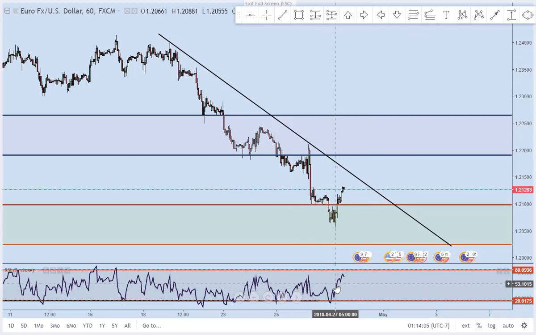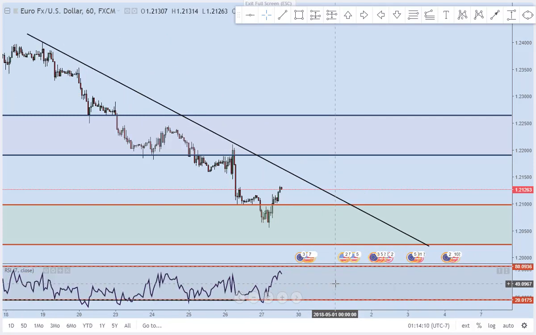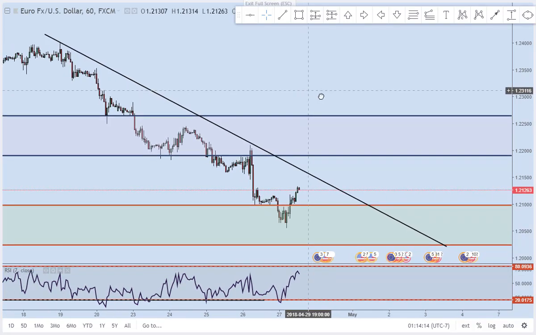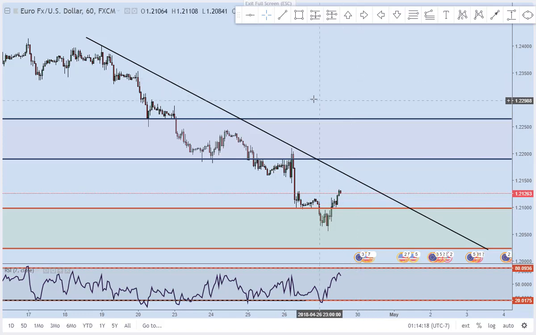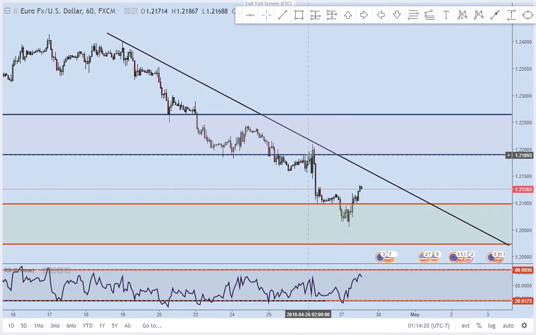I wouldn't want to buy where price action is overbought, because this shows a bit of exhaustion from buyers, and I want to get active where buyers will be most dominant. So at this point, this tells me that I have to be a little bit more patient. I'd have to wait for price to at least give me another push to the downside.